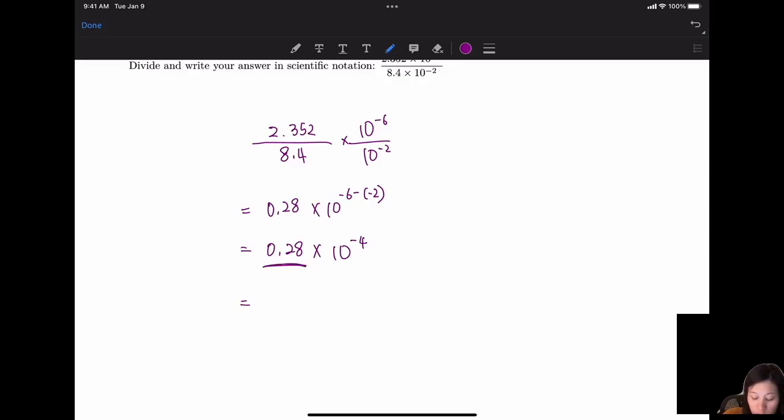Again, this is less than 1. We want to rewrite 0.28 in scientific notation, so we move the decimal to the right. That means this is going to be a negative 1. Okay, so I have 2.8 times 10 to the negative 1 times 10 to the negative 4. So this is equivalent to 10 to the negative 5.